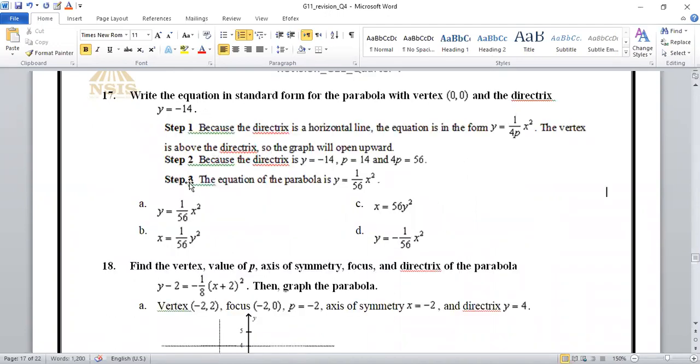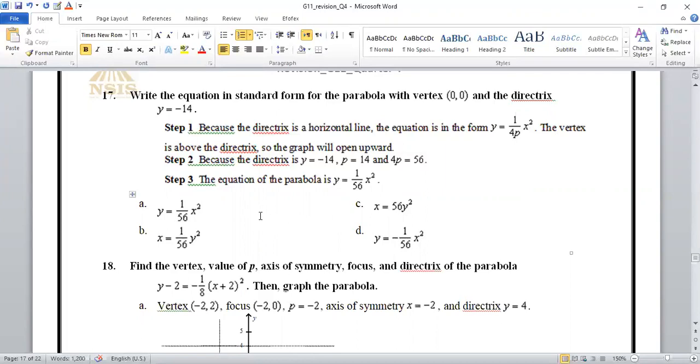Step number 1, because the directrix is y equal -14, that means the directrix is a horizontal line. The equation is in the form x squared equal 4by or y equal 1/4b x squared.